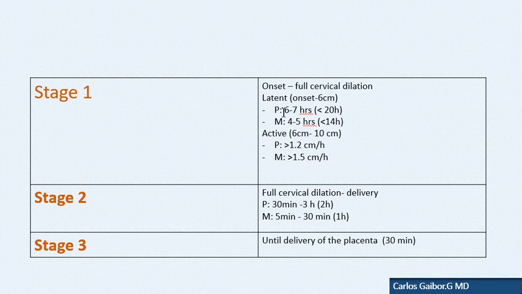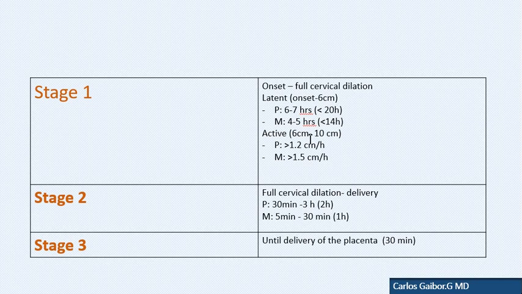Stage 1 is divided into latent and active phase. Latent is from the onset until the cervix is dilated 6 centimeters. It varies according to whether the patient is primiparous or multiparous. Primiparous is going to last 6 to 7 hours up to 20 hours, and multiparous 4 to 5 hours up to 14 hours.